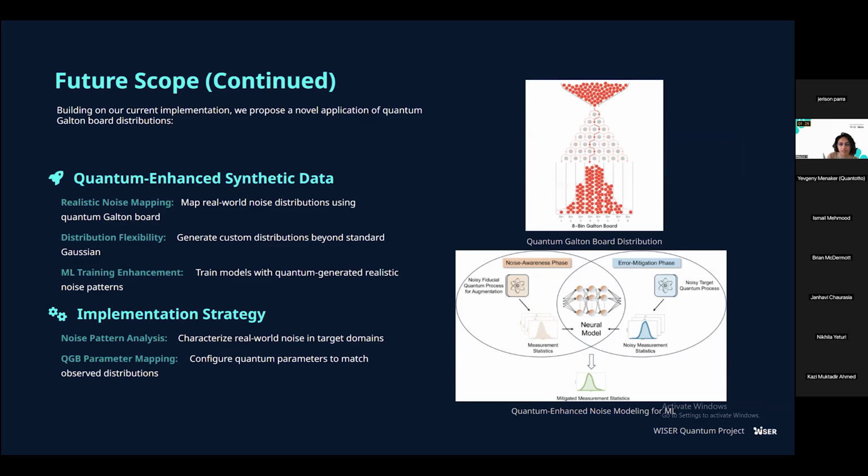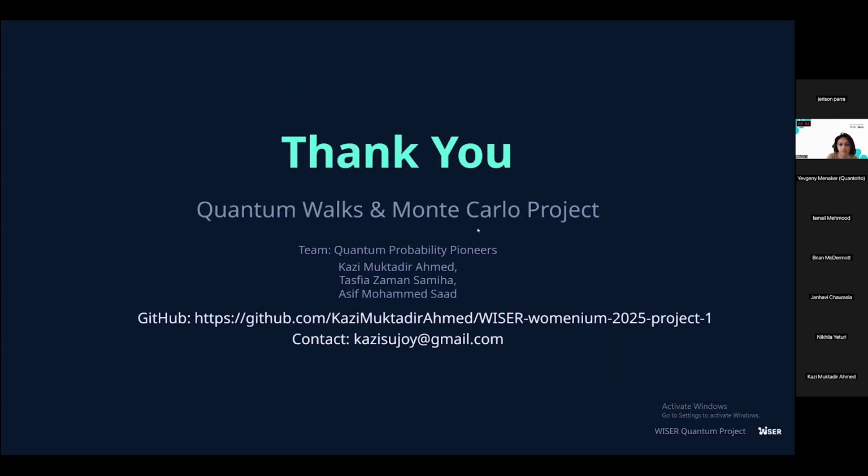So what we thought is, if we can generate a distribution of a specific shape with the quantum Galton board circuit, we can use that circuit to generate that distribution shape and use that distribution to insert noise in a quantum data set or any classical data set, which we can then use to train our other machine learning models to represent the real-world data more accurately. So that was our presentation.